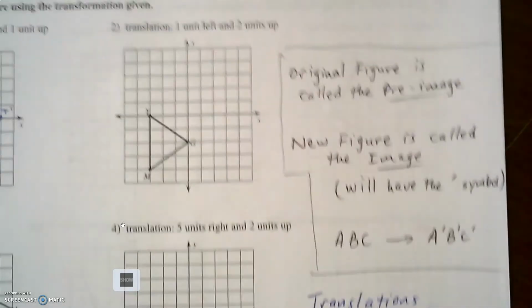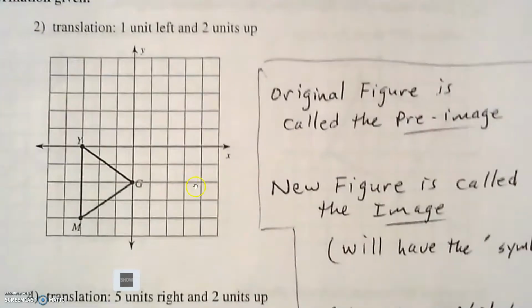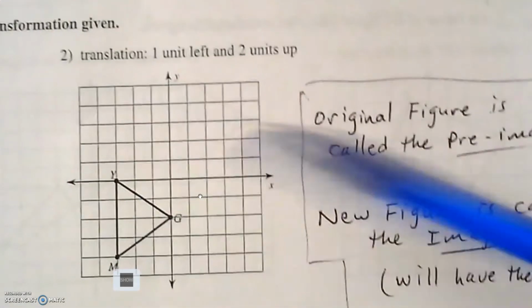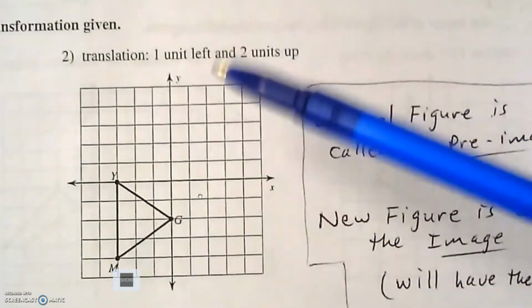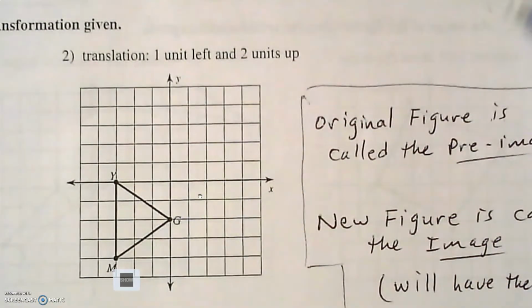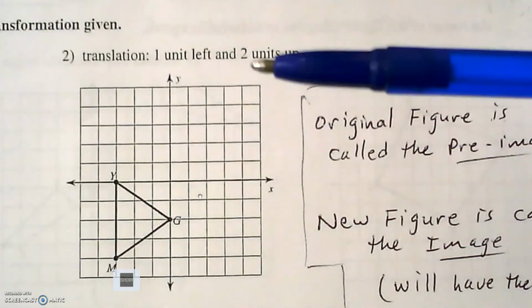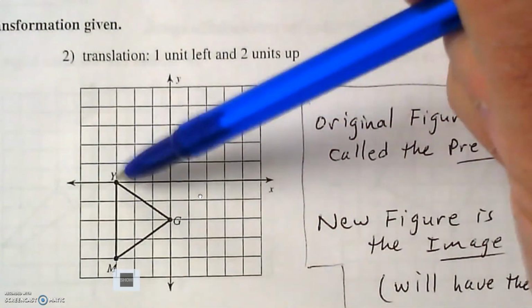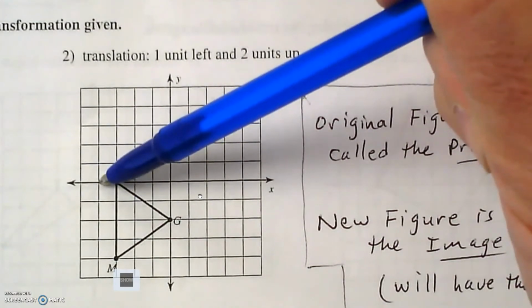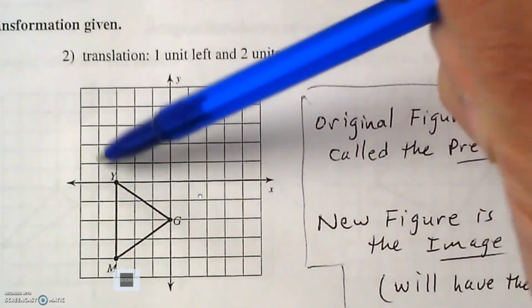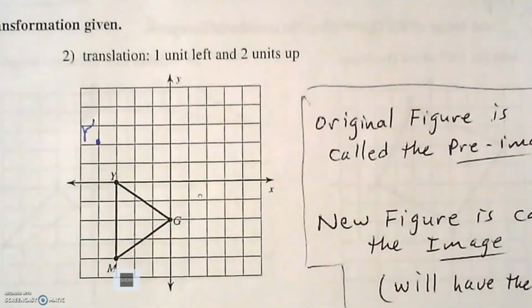Okay, so another one, this one's question 2, says I have to move this triangle 1 unit left and 2 units up. So again, just pick 1 point to get started. I'll pick point Y. 1 unit left. Move it 1, 2 units up, 1, 2. So this Y will now become Y prime. That's the new figure.